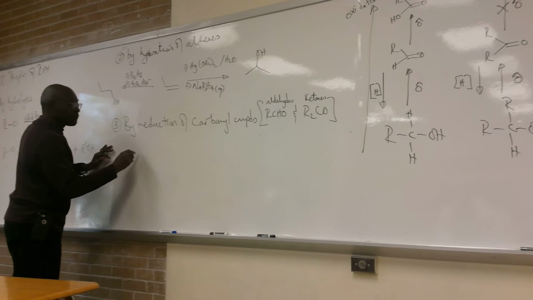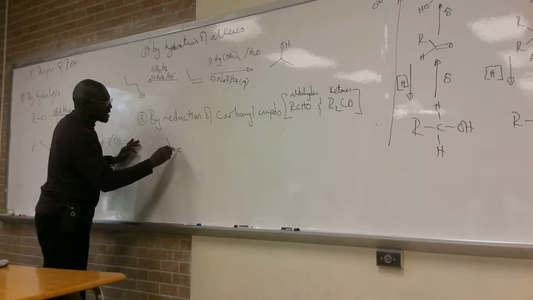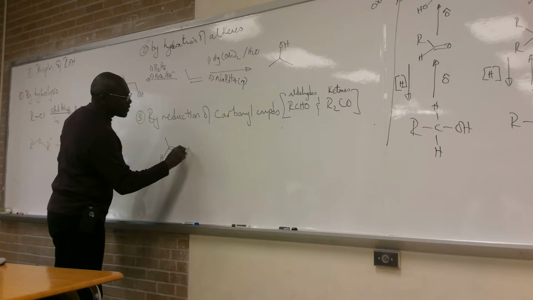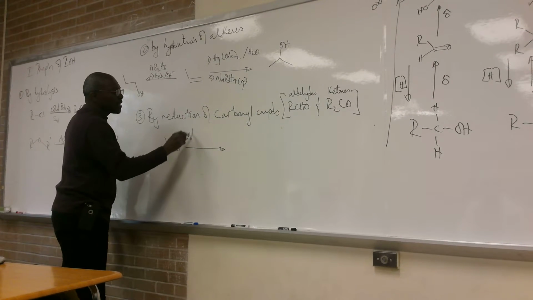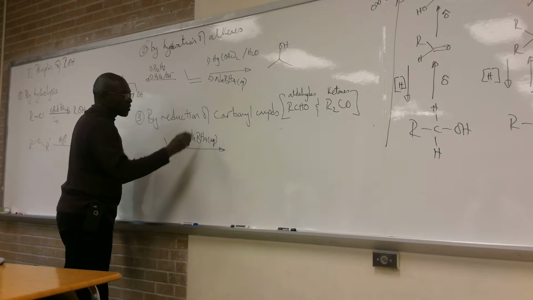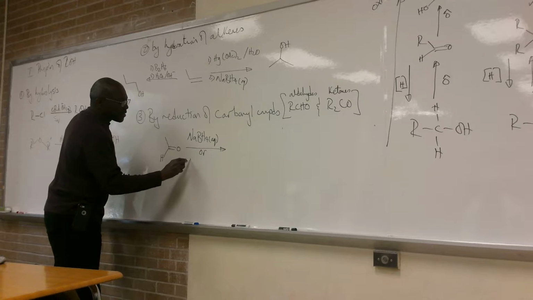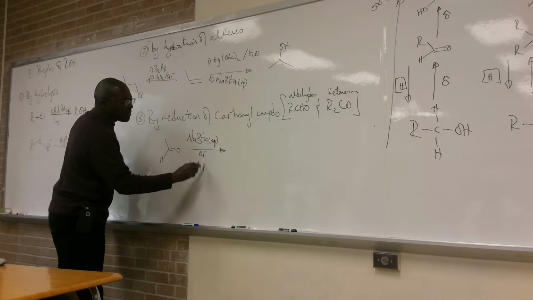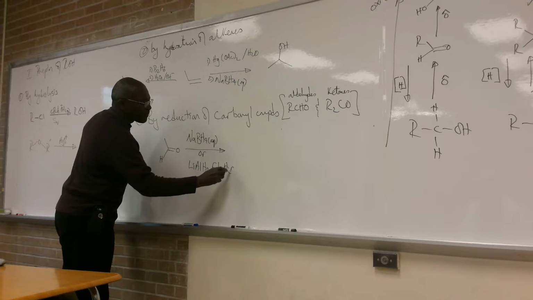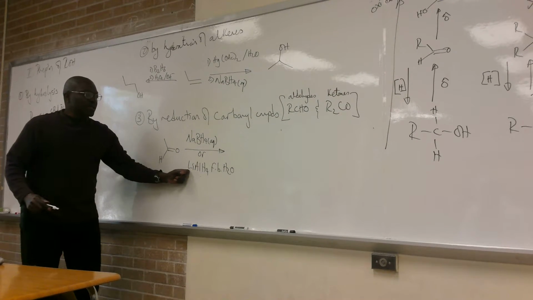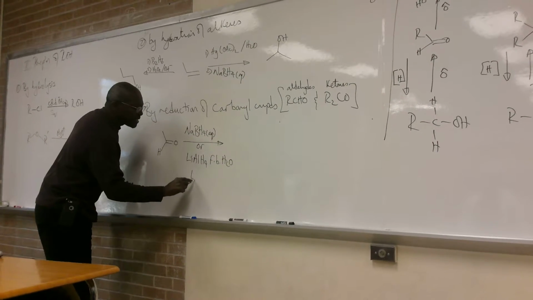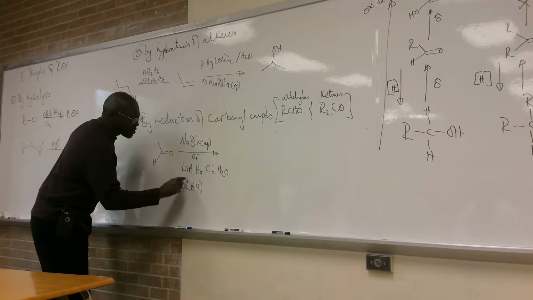So let's say I started off with methanol, or say ethanol. So ethanol on treatment with either aqueous sodium borohydride, that will work, or I could use lithium aluminum hydride followed by water. So this is called lithium aluminum hydride, which is abbreviated LAH.